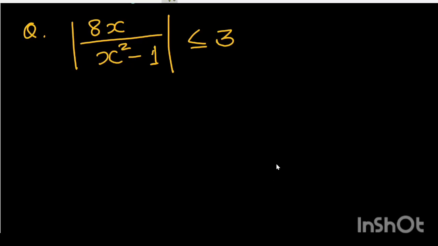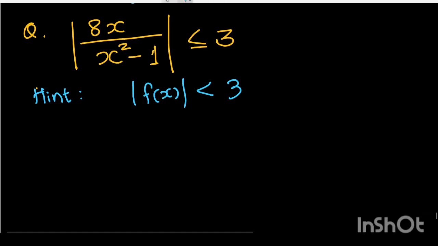So guys, let's try this. Quite clearly, we can use this, mod of f less than a, where a is 3, and f is this whole rational function 8x upon x square minus 1.